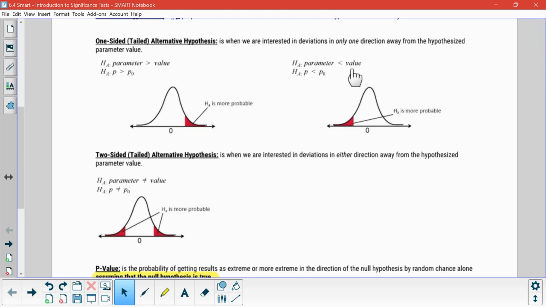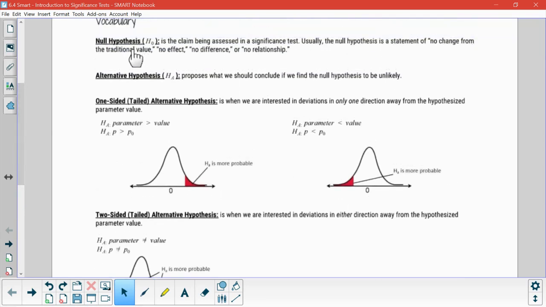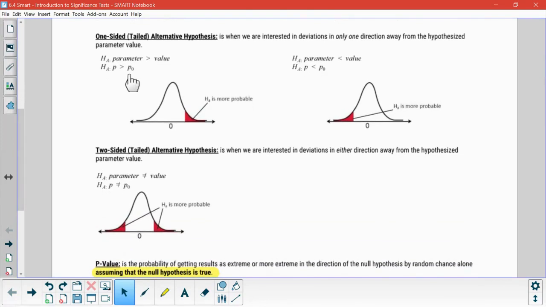Now for us in this unit, we're working with proportions. So our parameter is always going to be p, and p naught is going to be replaced with that claim we get from our null hypothesis. So whatever proportion they are telling us to be true, that's going to replace p naught for all of these cases.